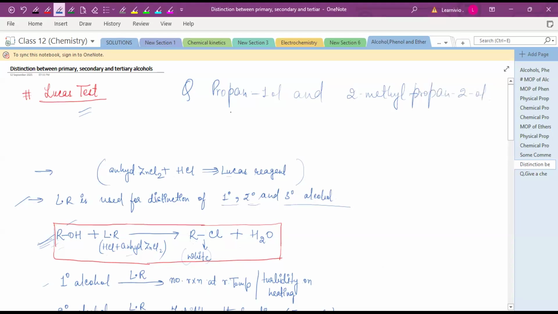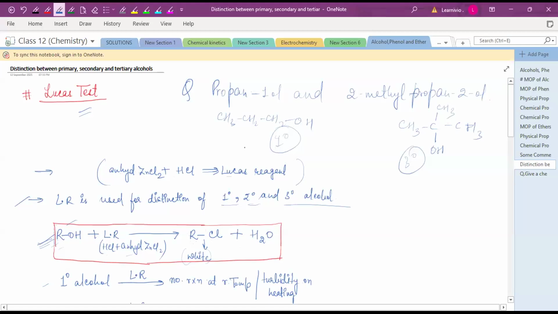So this is propane 1-ol, CH3CH2CH2OH. And what is this? Propane 2-ol, CH3. On the second position there is an OH group, and on the second position there is also a methyl. This is your tertiary alcohol, and this is your primary alcohol. How will you distinguish between these two?